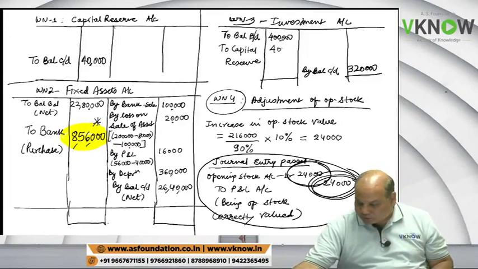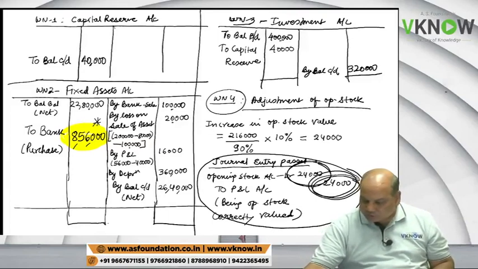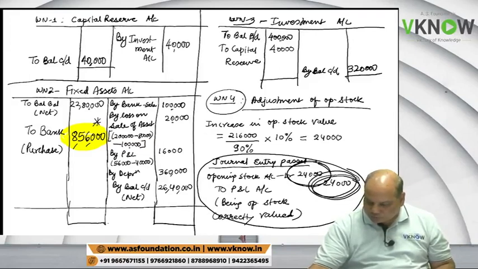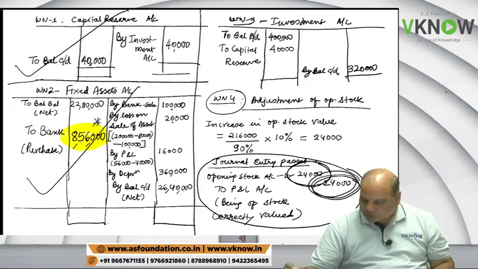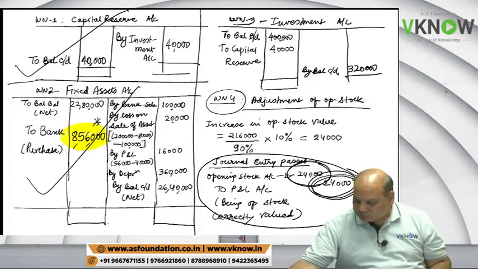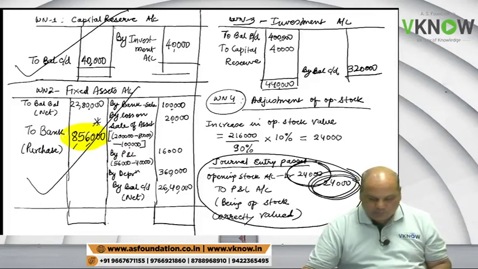40,000 debit to investment, working note 1, capital reserve, credit side, by investment account 40,000. So now capital reserve is tallying. Investment account is not tallying. There is some sale which has happened.